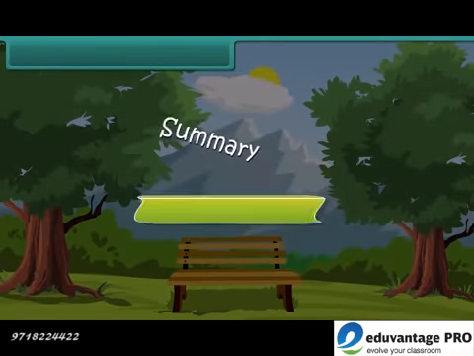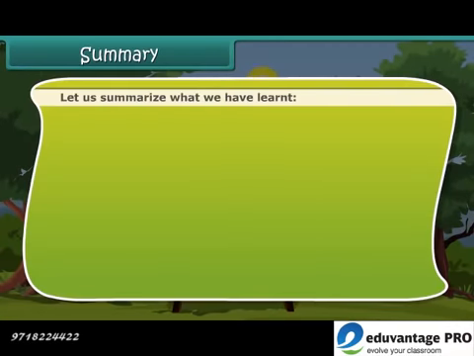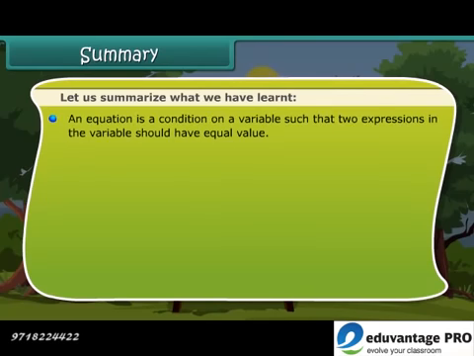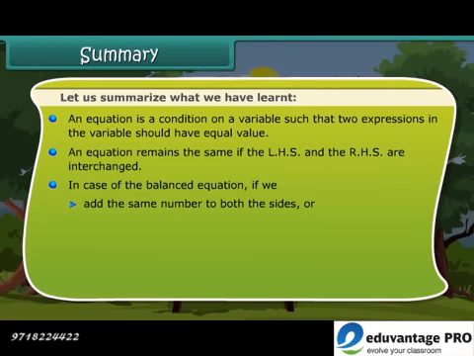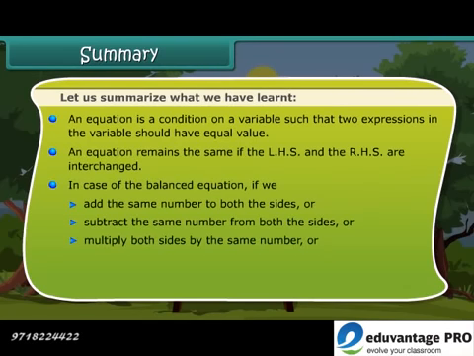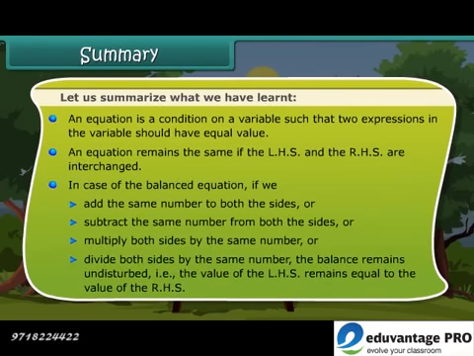Summary. Let us summarize what we have learned. An equation is a condition on a variable such that two expressions in the variable should have equal value. An equation remains the same if the LHS and the RHS are interchanged. In case of the balanced equation, if we add the same number to both the sides, or subtract the same number from both the sides, or multiply both sides by the same number, or divide both sides by the same number, the balance remains undisturbed.